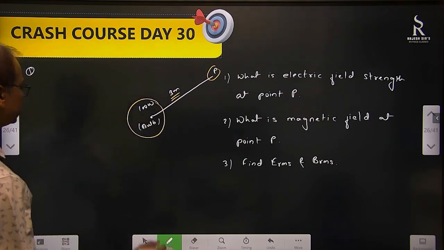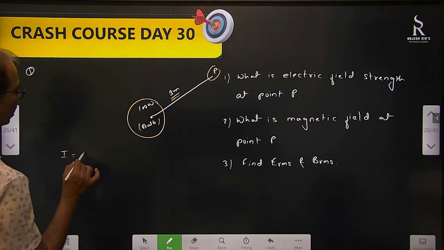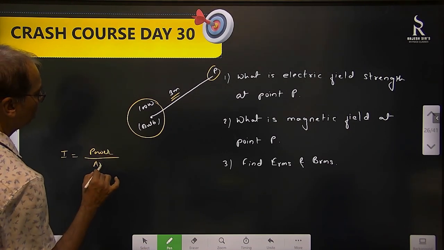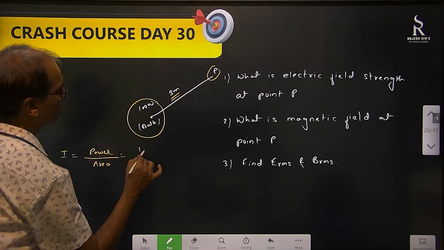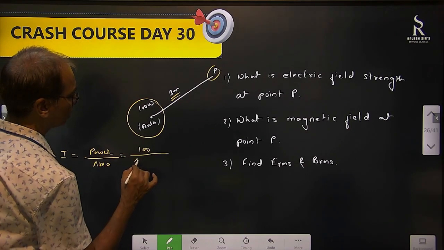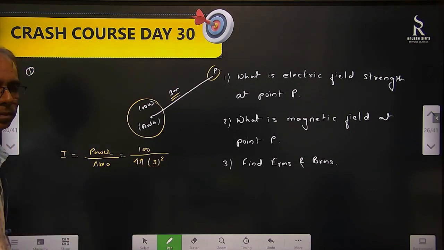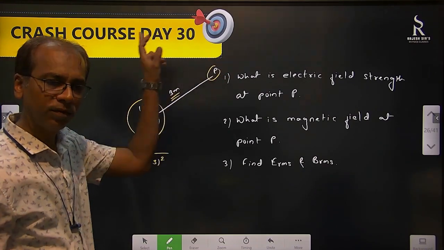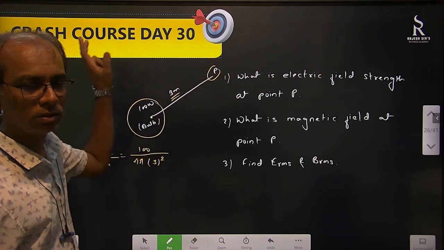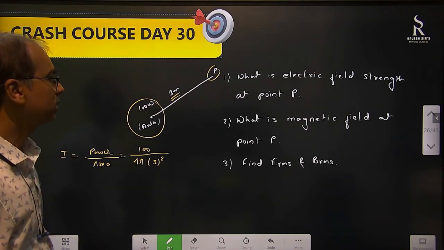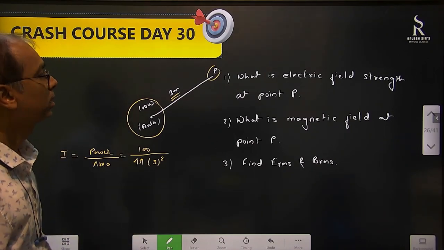First, let's find intensity. Intensity is power by area. Power is 100 watt. Area means 4 pi r square, the surface area, because this energy will spread over an entire sphere. So intensity is this.